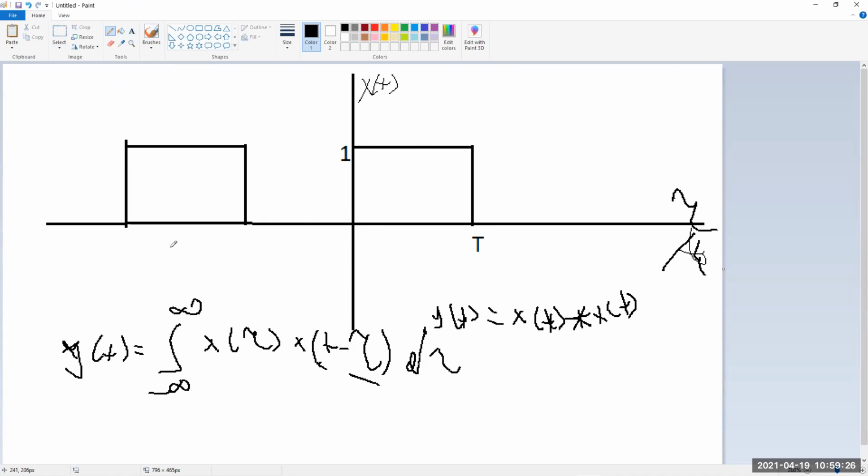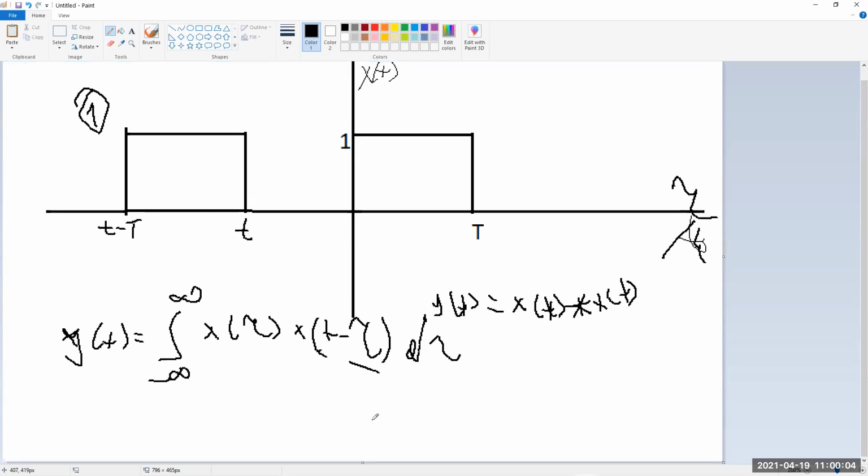As you can see, if this part is t, this part will be t minus big T, since this has length of big T. And for the first case, until t reaches 0, we don't have any overlap.